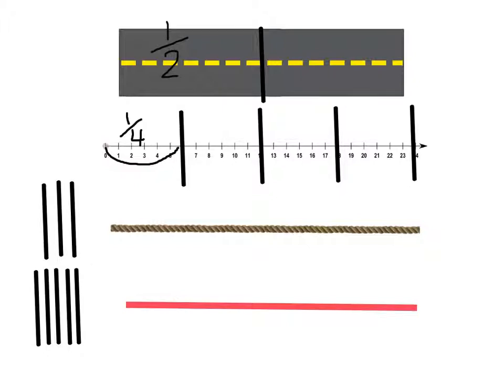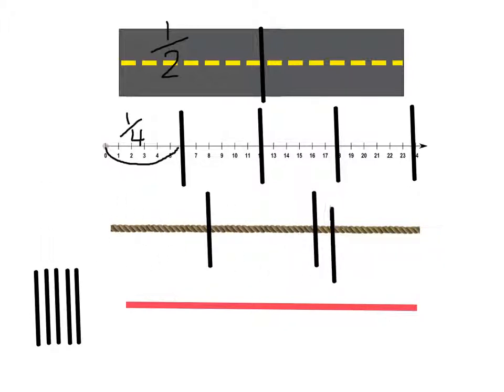Okay, the next fraction I want to represent on the length of this rope is thirds. So I'm going to create three equal parts of this whole rope. So I've got 1, 2, and I'll finish it off with another 1, 3.